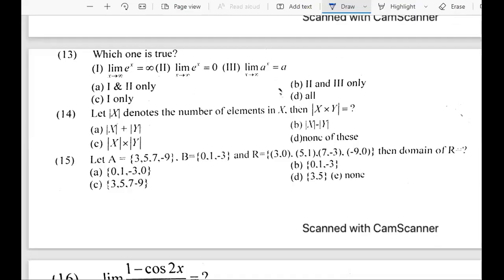Okay, now the 13th question is basically which one is true? What is one? One says limit e to the x with x going to infinity is infinity. Well, this is not true because e to the x with x going to infinity is basically 0.